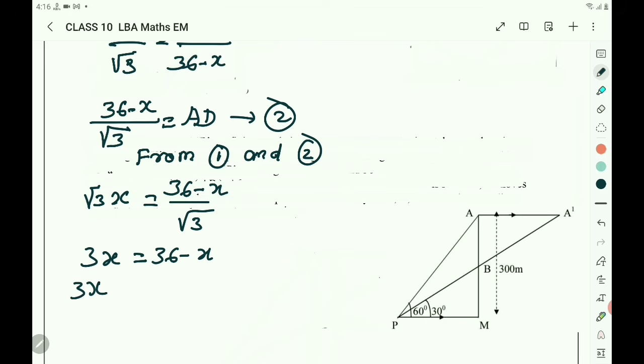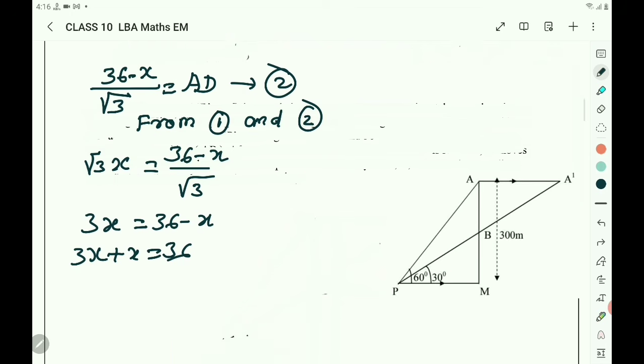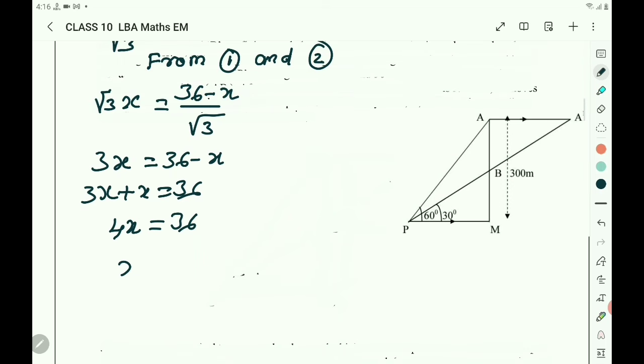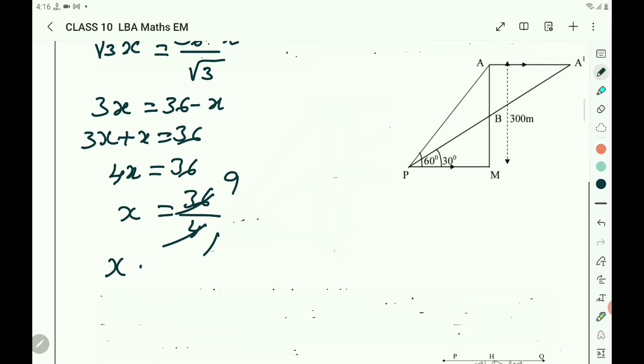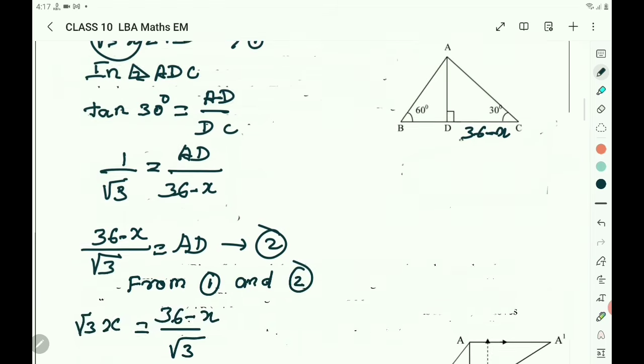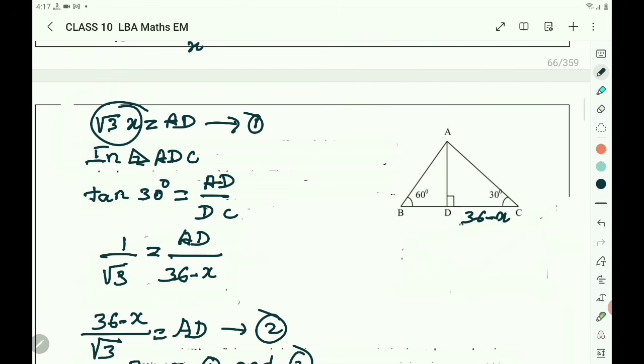It becomes 3x plus x equals 36. 3x plus x is 4x equals 36. Then x equals 36 by 4. 4 ones are 4, 4 nines are 36, then x equals 9. Here you got the x value 9.